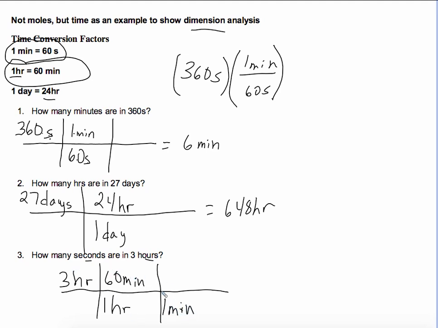Notice how my units are diagonal, going this way every time. 1 minute, and that equals 60 seconds here. See, the units will always be diagonal. That way they cancel out, leaving you with the unit that you want. And so if you do the math, I think it equals something like 10,800 seconds.